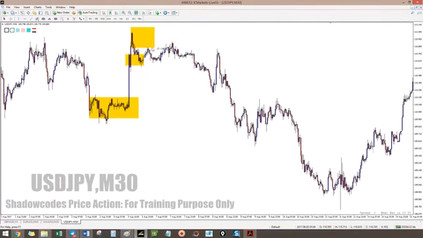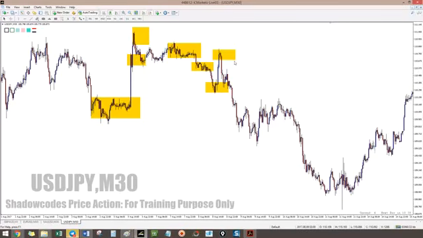This one I discovered when I read Dow theory, and from the experience of doing thousands of screenshots without any guidance, just on my own. You will have this one: 1, 2 and then 3, but it's more than that.